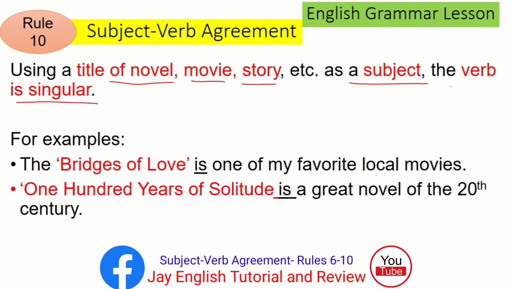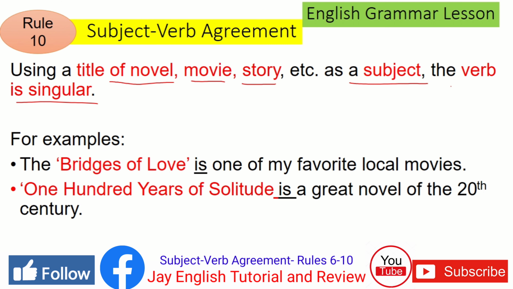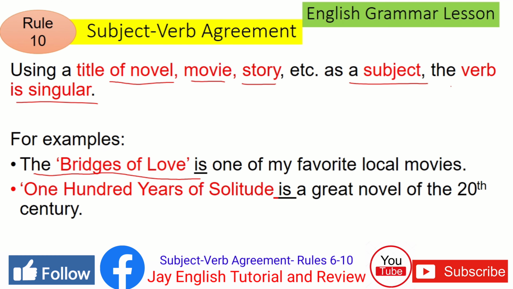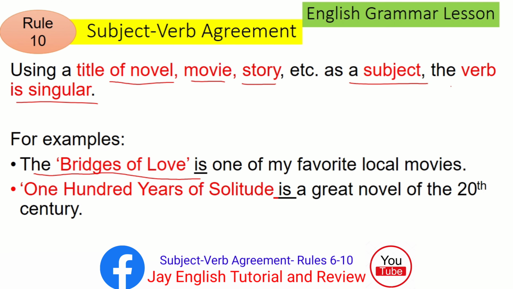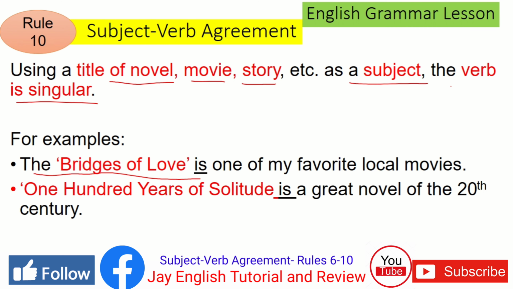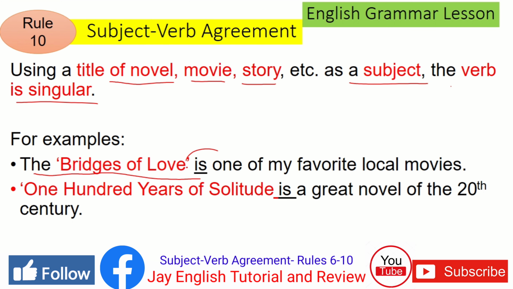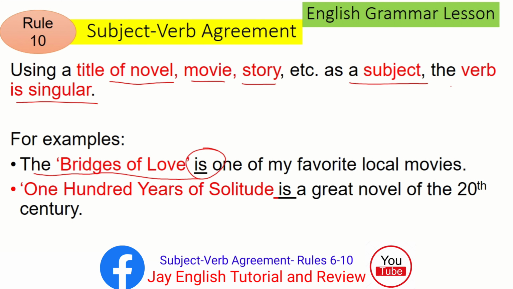Now, if this is taken not as a title, Bridges of Love is plural because of the word bridges, so it may use a plural verb too. But since in this example Bridges of Love is a title of a movie, the rule says the verb is singular. That is the reason why we are using the verb is here, not are.